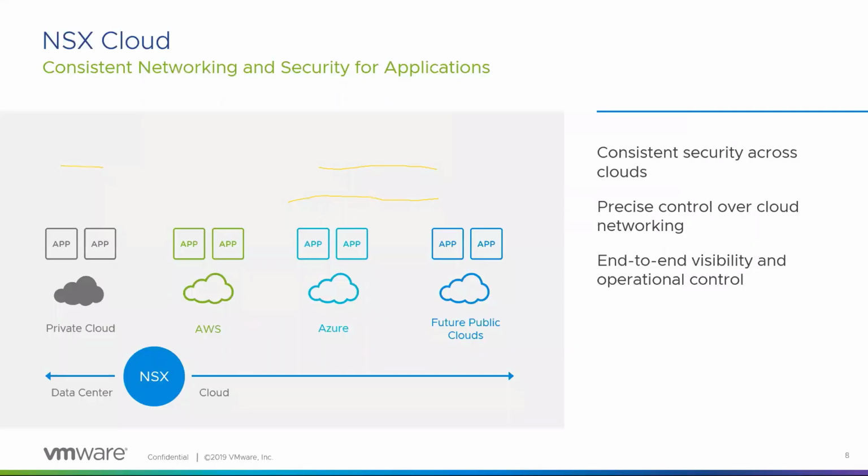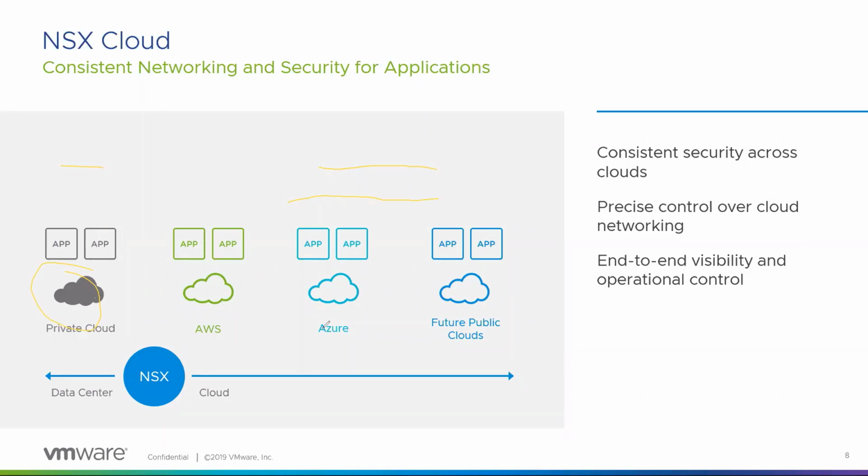NSX Cloud provides us this paradigm wherein we can now have consistent security across the clouds. That is your private cloud on-premise. That also includes AWS and Azure today, right?